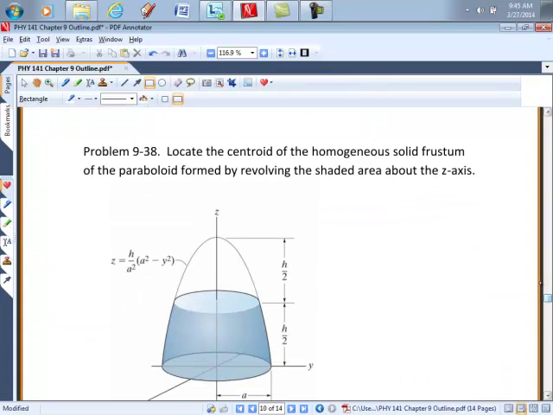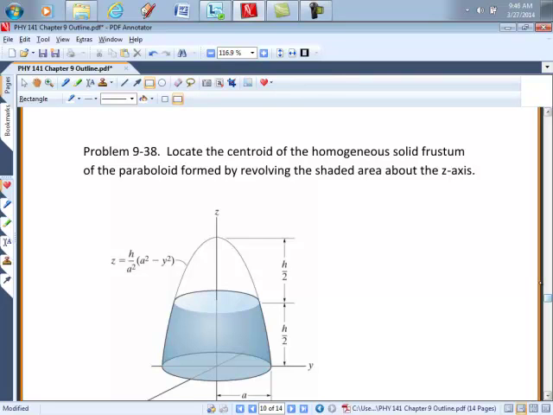All right. So our next example is finding the centroid of a volume. But fortunately, there's a high degree of symmetry for the volume. We're going to want to find the centroid, so we're going to want to find x bar, y bar, and z bar.